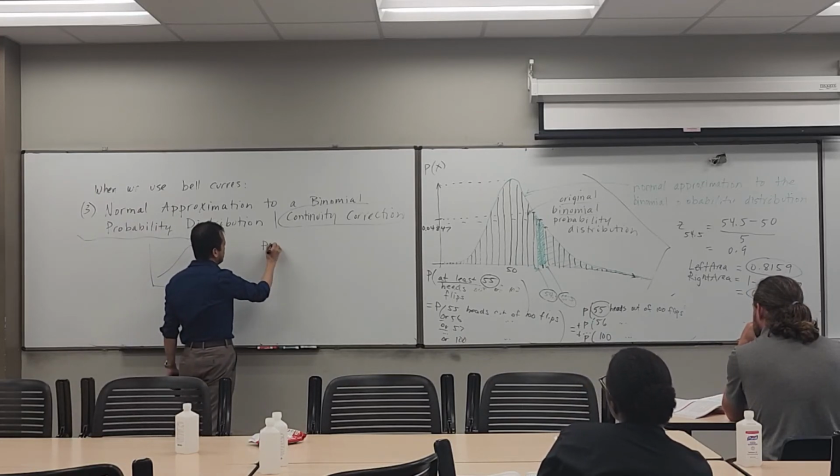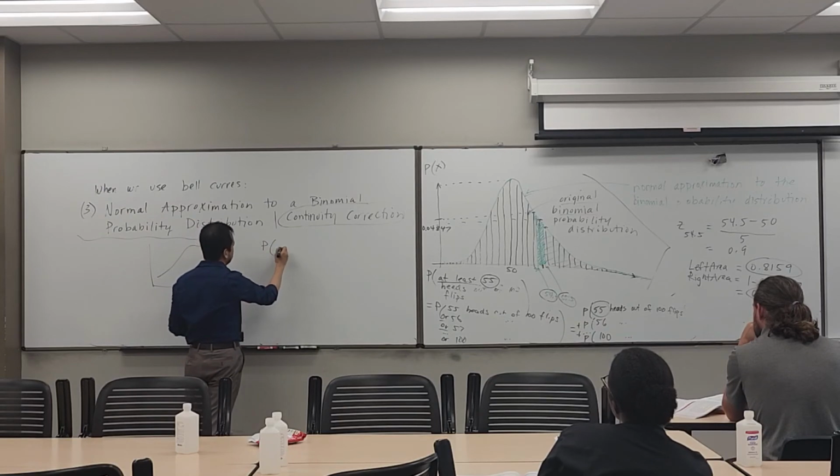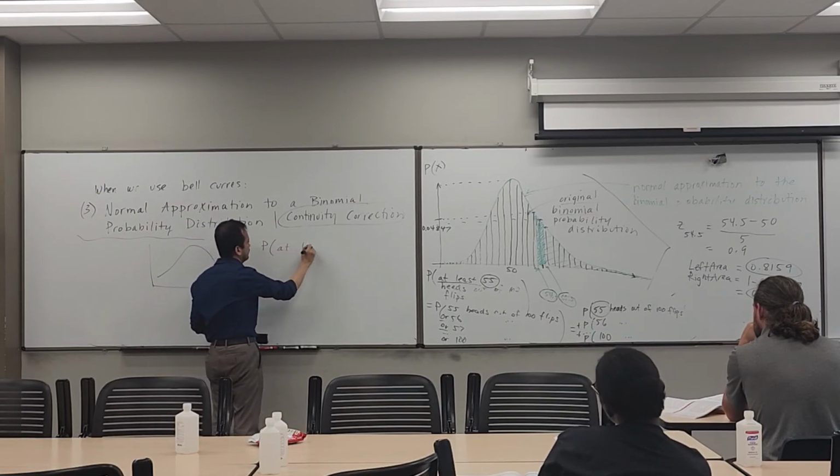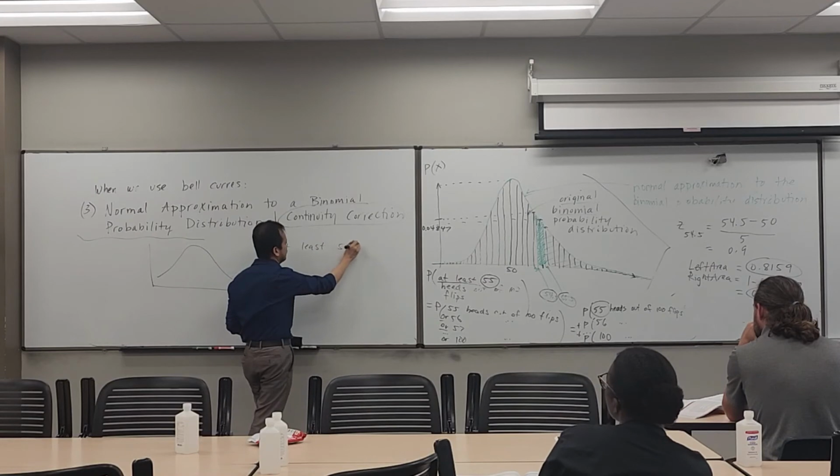So in the previous example, we did the probability of at least 55 heads.